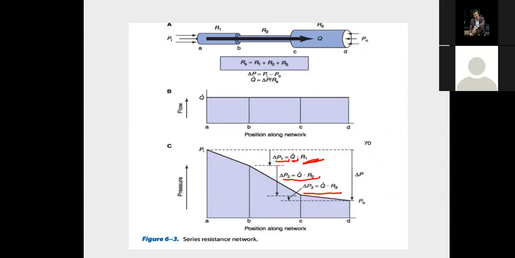So the difference in the resistance between organs affects each organ differently and affects the systemic circulation differently.